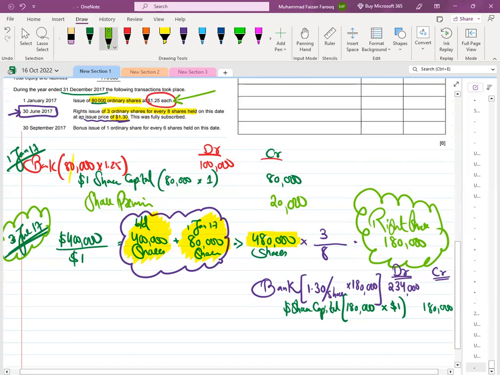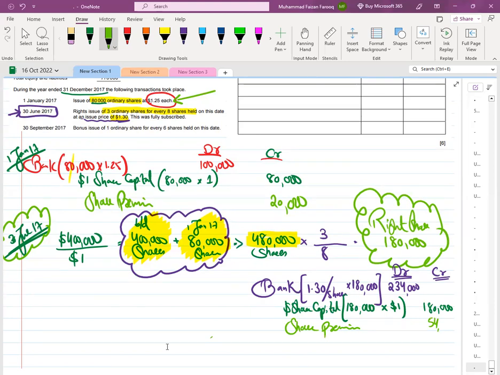And we know that the difference between bank and share capital, if it is a difference on credit, will go to the share premium account, and that is the entry for right shares.